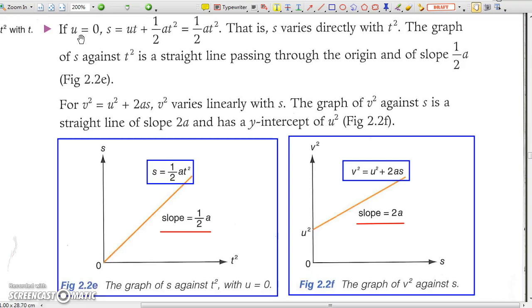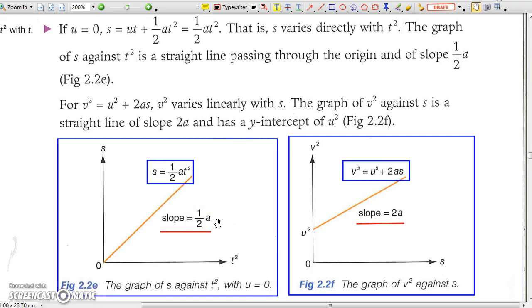The equations of motion in some special cases produce special relationship to plot special graphs. For example, when the uniformly accelerated motion starts from rest so that u equals 0, then displacement s equals half at squared. A plot of s against t squared, as in figure 2.2e, will give a straight line graph of slope a/2.